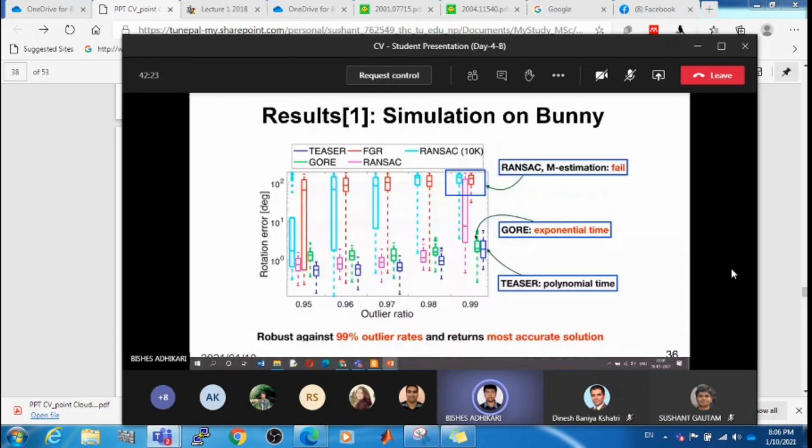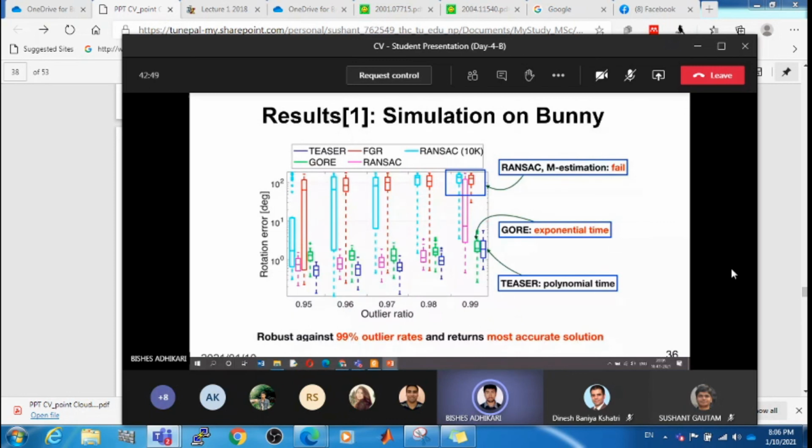The given plot compares the performance of TEASER and TEASER++ with different algorithms over some simulated dataset from an image of a bunny. The rotation error is plotted against the outlier rate from 95 to 99%. RANSAC is tested with 2 variants. One, a fast version, RANSAC 10K, which terminates after a maximum of 10,000 iterations, and a slow version which terminates after 60 seconds.